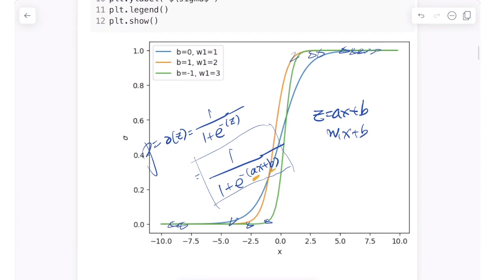It is called sigmoid, or sigma, or logistic, something like that. This shape has several different names, but they all indicate the same function, which is this one.